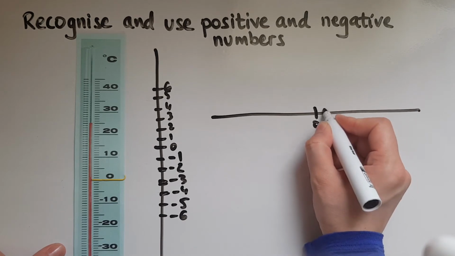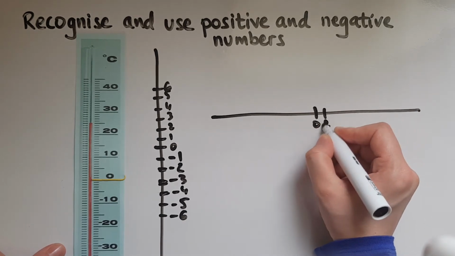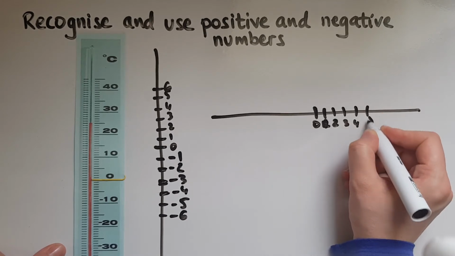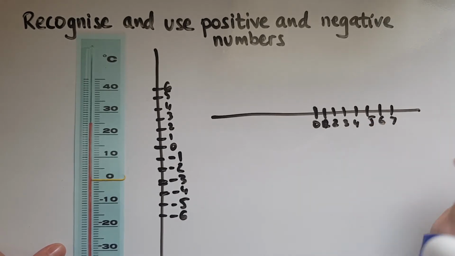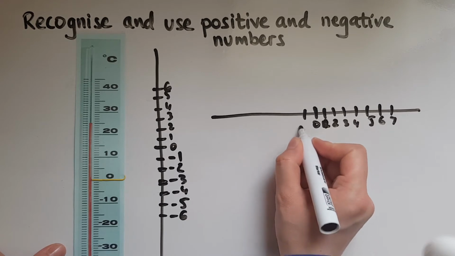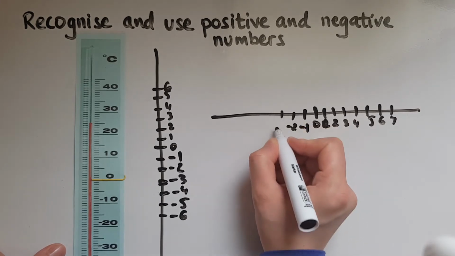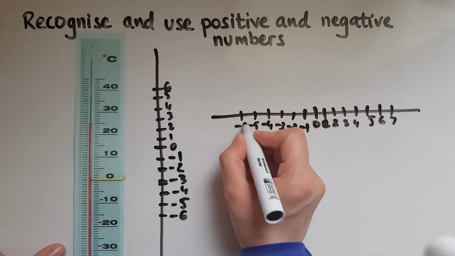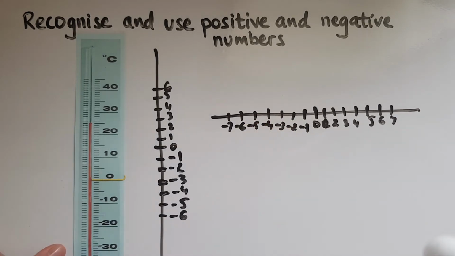So 0, there we go in the positive direction, 1, 2, 3, 4, 5, 6, 7, 8, and so on. And then -1, -2, -3, -4, -5, -6, -7, -8, and it continues.